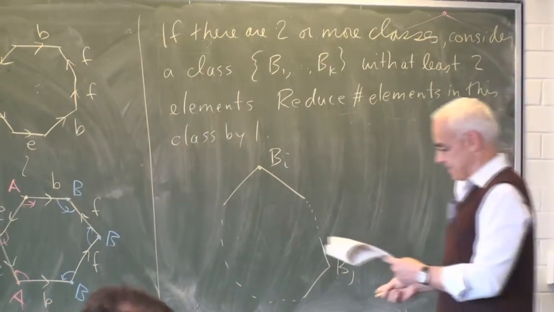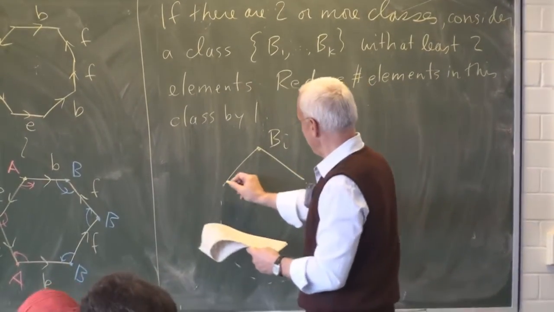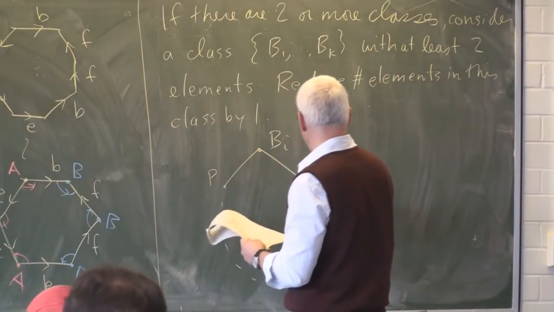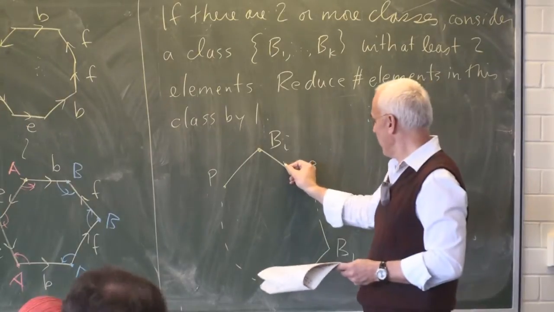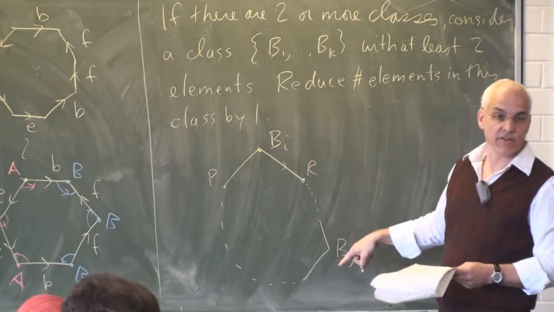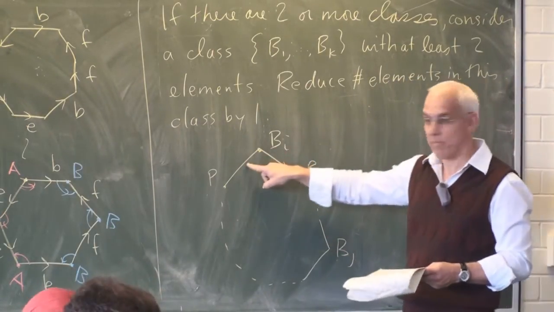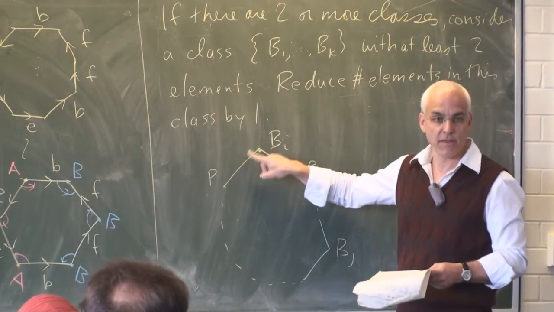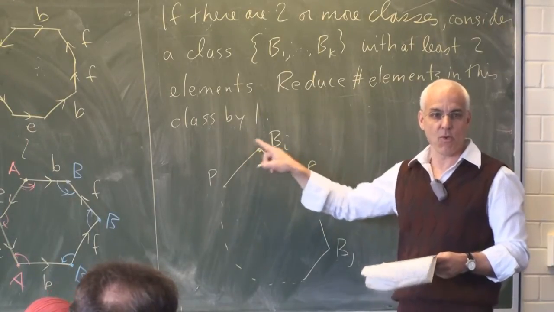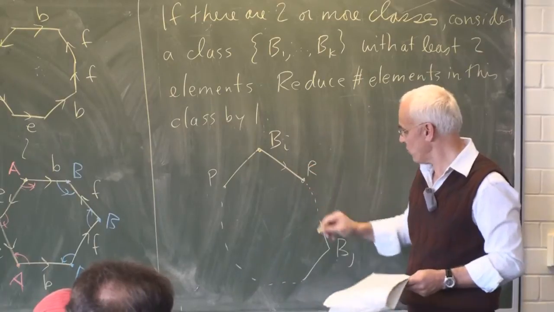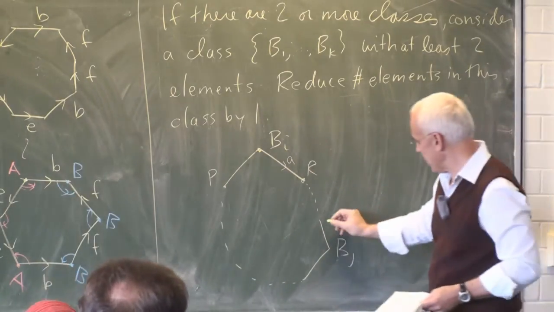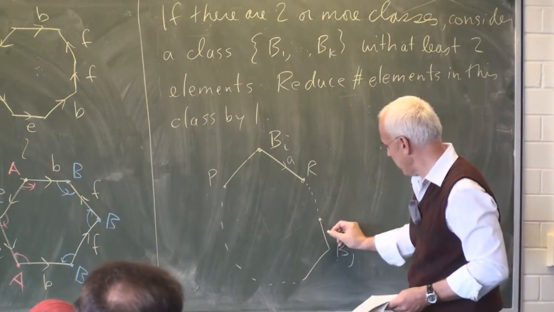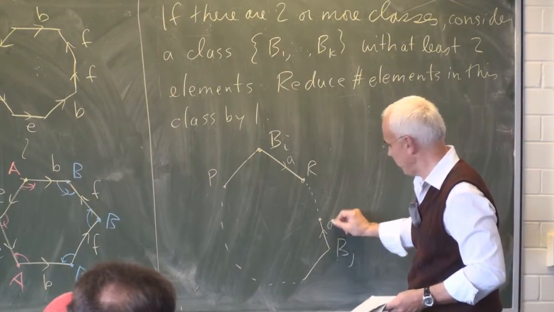And let's say these vertices, that might be a P and that might be an R. Okay. So this edge, whatever it is, is going to be repeated somewhere. It's not going to be repeated here, because if it was repeated here, then this would be a vertex with only 1 in this type. So this edge, whatever it is, let's call it A, must be found somewhere else. Let's say here. It would have to be pointing this way.